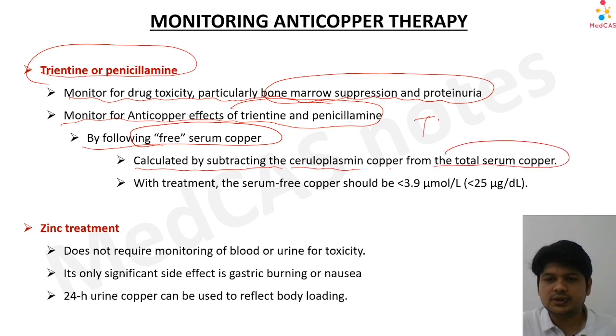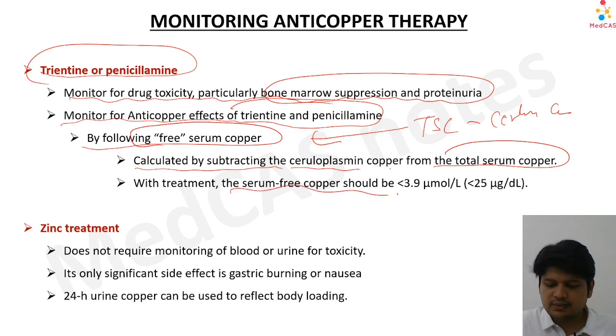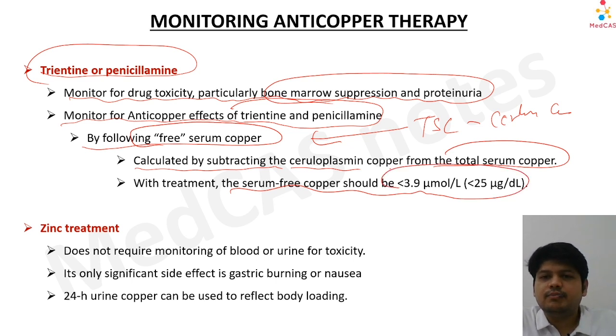So total serum copper minus ceruloplasmin copper equals free serum copper, and that is the test to monitor. With treatment, it should be less than 3.9 or less than 25 micrograms per deciliter. I won't say these are important numbers to remember, but this number matters.